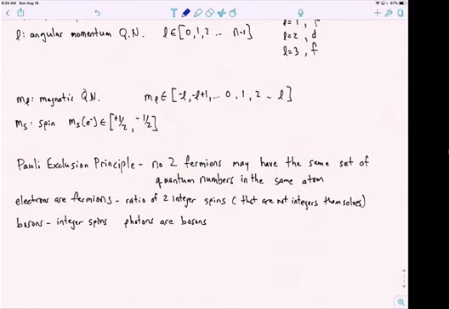A fermion is something that follows Fermi-Dirac statistics, and it means that their spin is a ratio of integers that's not an integer itself. I know 1, for instance, can be a ratio of 2 divided by 2, but 1 is also a whole number by itself. But 1/2 is a ratio of 2 integers that's not a whole number itself. So electron spin is a half.